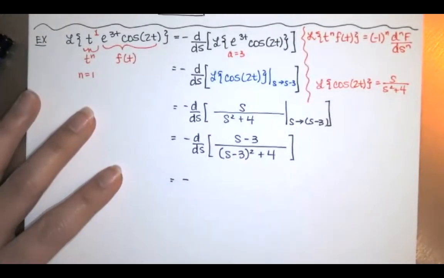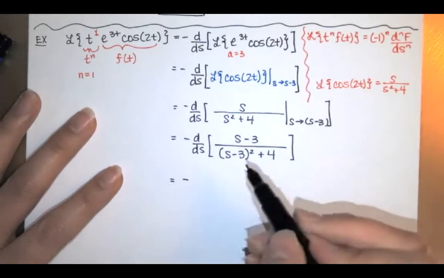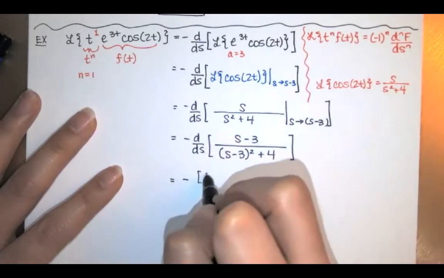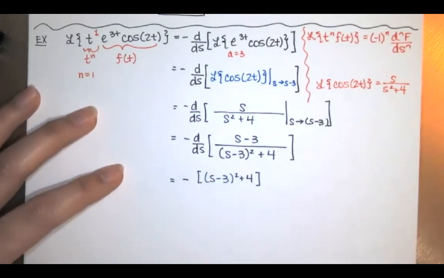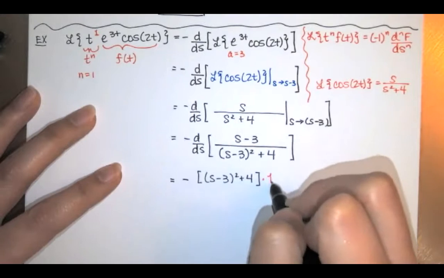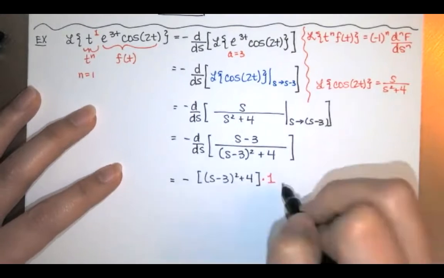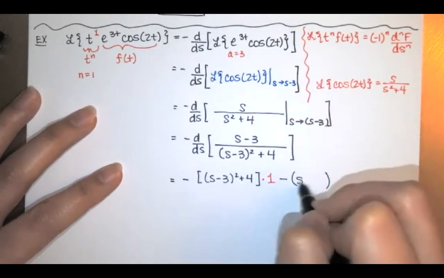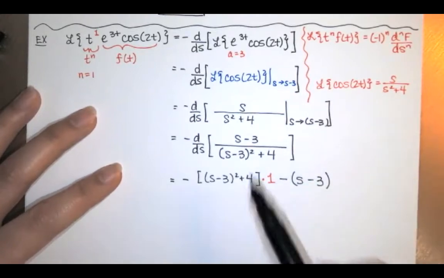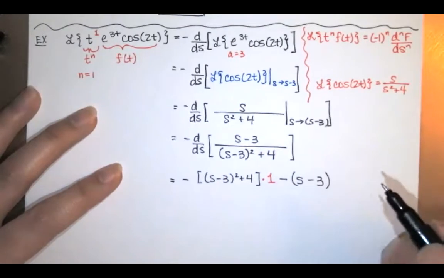So, negative 1 times, from calculus 1, low d high, that's the bottom function, times the derivative of the top function with respect to s, which is just 1, minus high, which is s minus 3, times the derivative of the bottom function with respect to s.